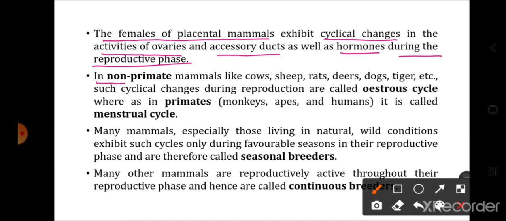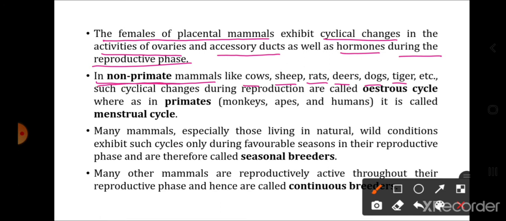So, in non-primate animals like cows, sheep, rats, deer, dogs, tigers, etc. Very important, which are primates along with their examples, which are non-primates, their examples, and what type of cycles they exhibit is very, very important, students.